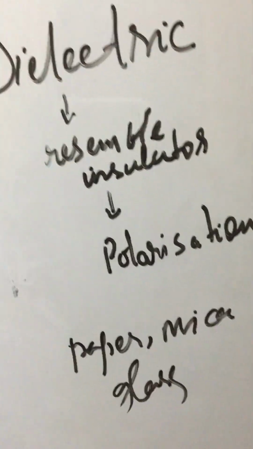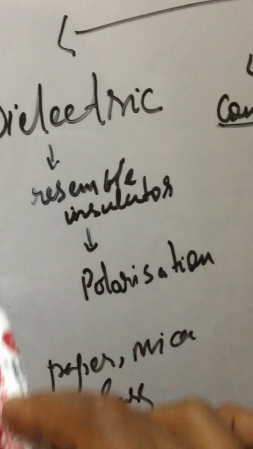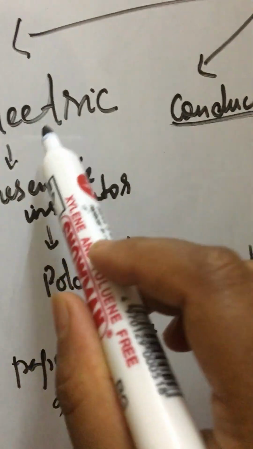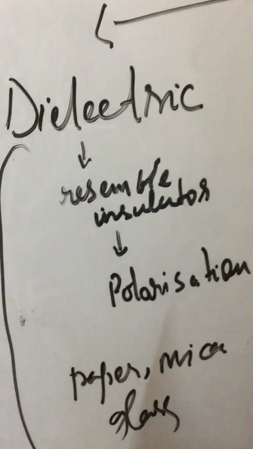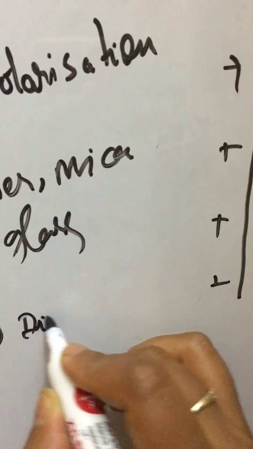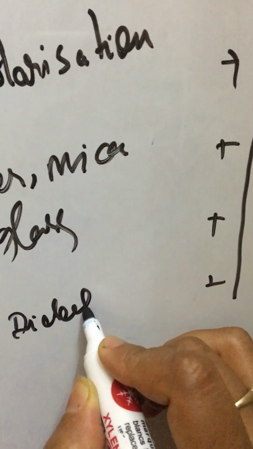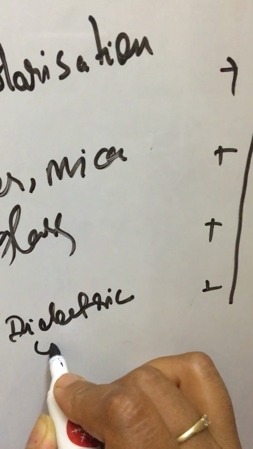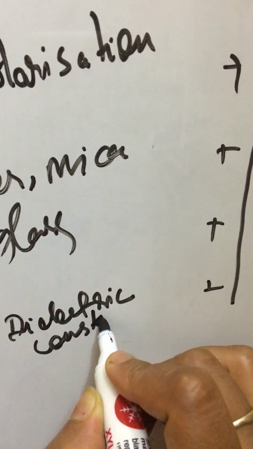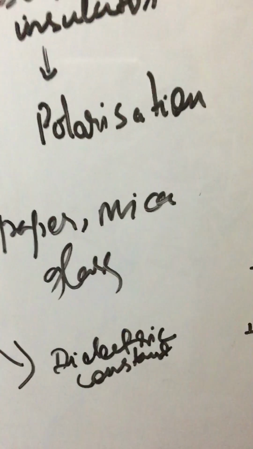Another thing: in order to tell the dielectric characteristic of a material, we have one quantity which is known as the dielectric constant. Dielectric constant means what? If there is a person, we give him or her a name, isn't it?